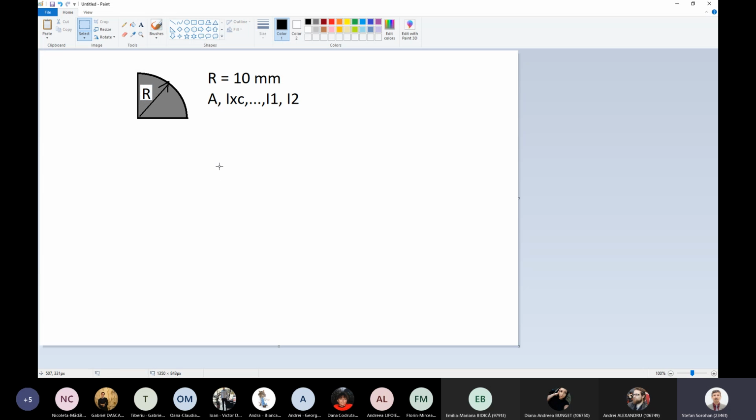How can we solve this problem? As you know, we must make a mesh. For that, I will take a quarter of this one.